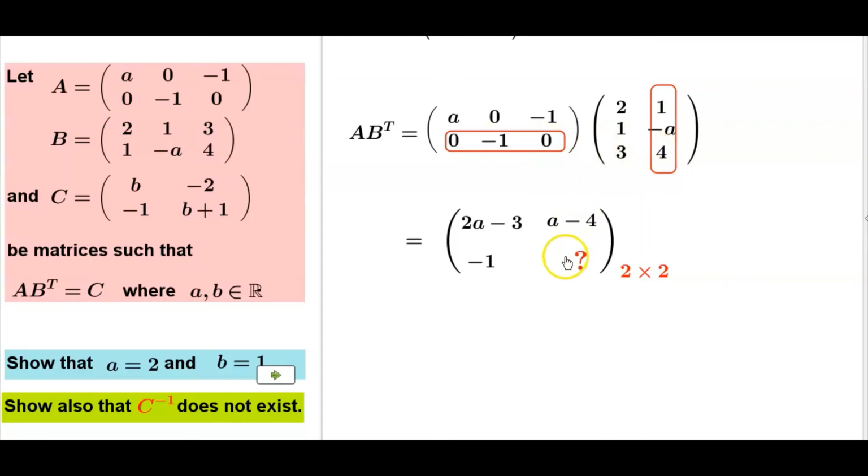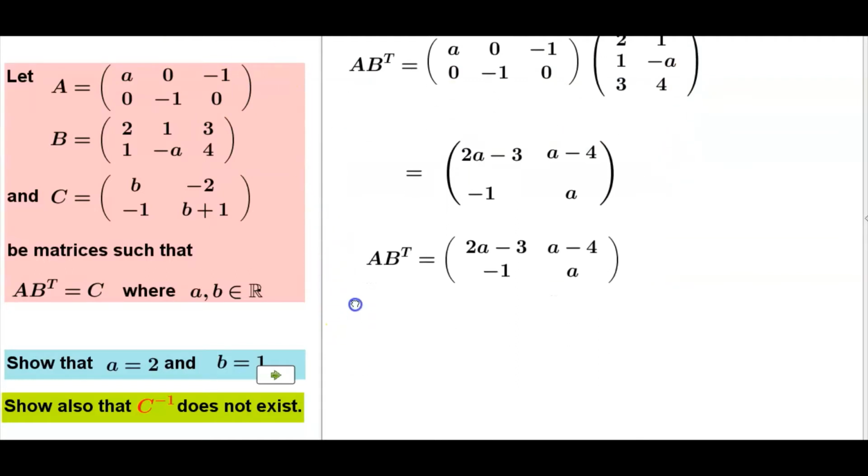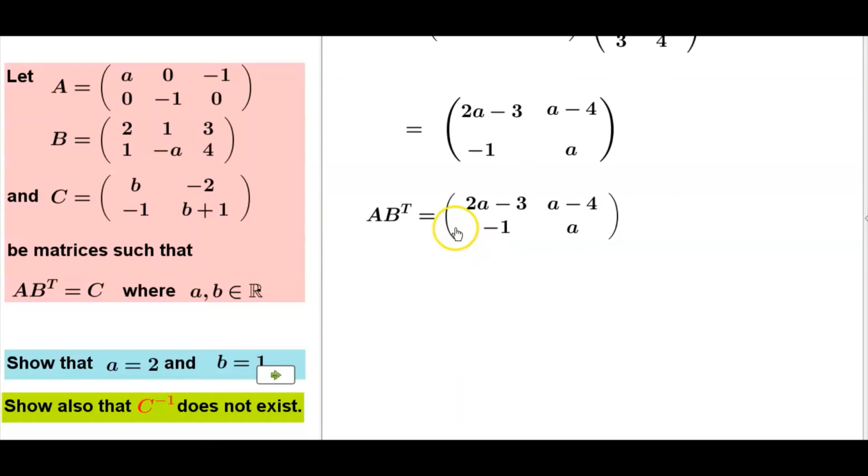Therefore, A. So A into transformation of B is 2A minus 3, A minus 4, minus 1 and A.